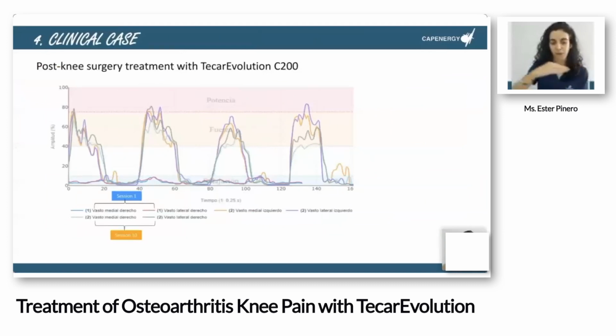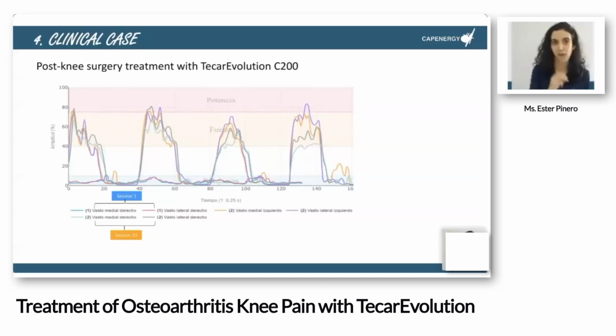The line you have down, it's the way that we have the vastus internal, medial, and lateral the first day. And the other ones, it's the comparison between the right leg, the left one, with the last day they have to do the treatment.